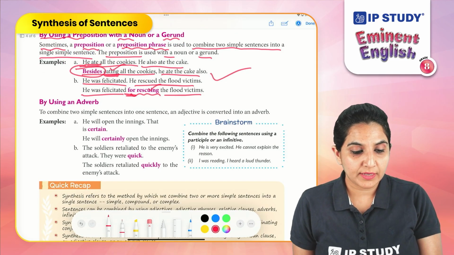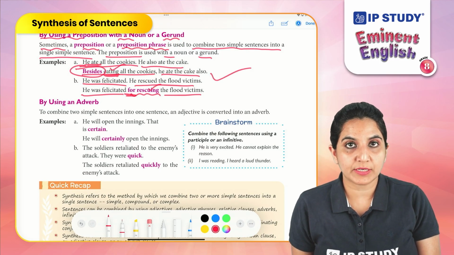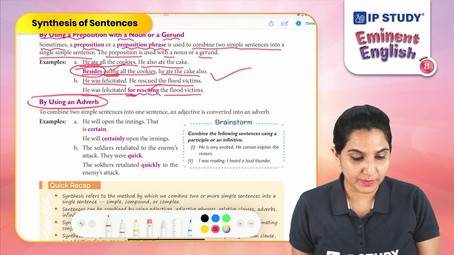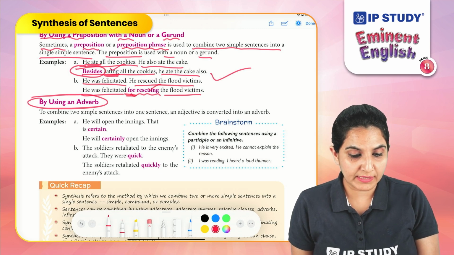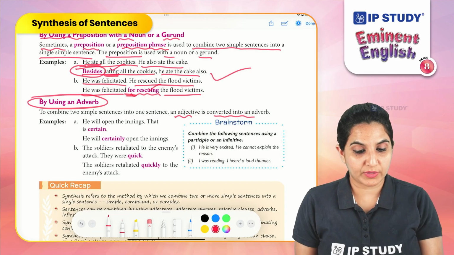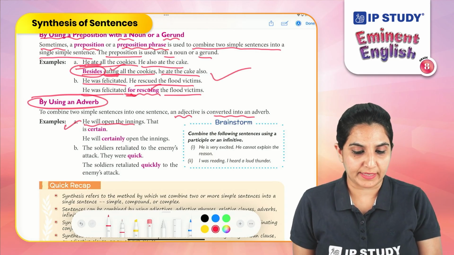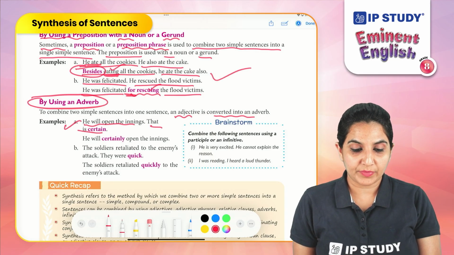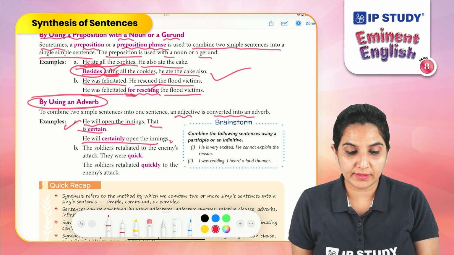We also join simple sentences into one sentence by using an adverb. For this, an adjective is converted into an adverb. For example, he will open the innings. That is certain. He will certainly open the innings.